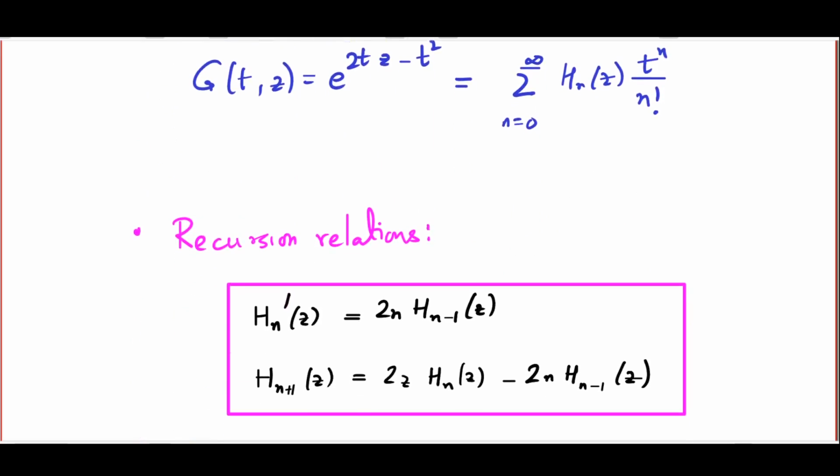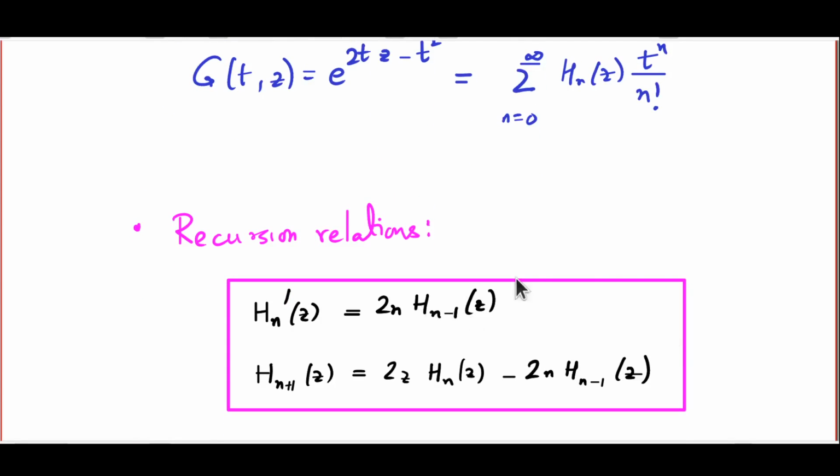After finding the Rodrigues formula and the generating function, we use them to determine some very important recursion relations for the Hermite polynomials. There are several ways in which you could write the recursion relations, but these are two which turn out to be very important. One which tells you that the derivative of the nth Hermite polynomial is essentially the lower order Hermite polynomial times 2n.